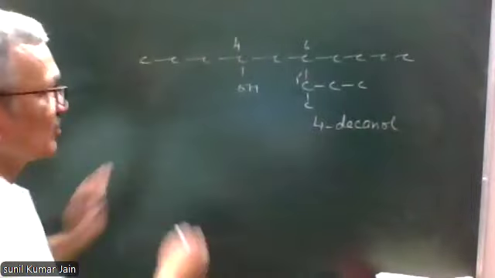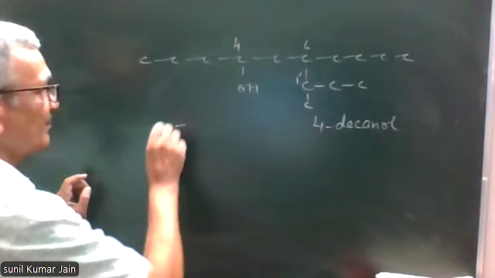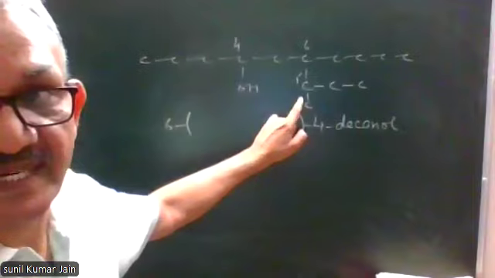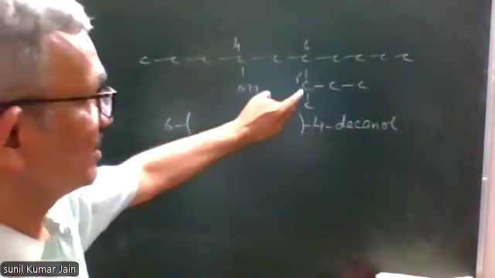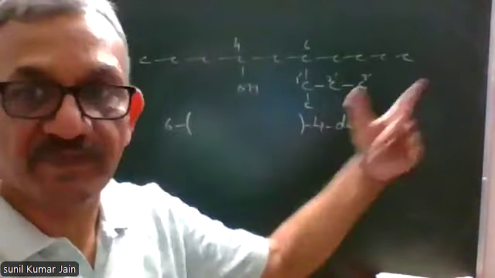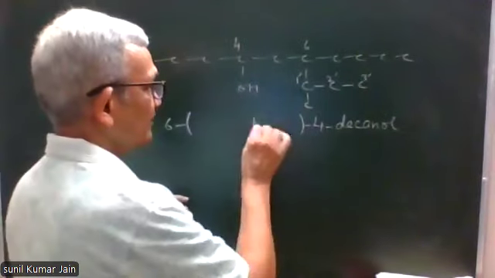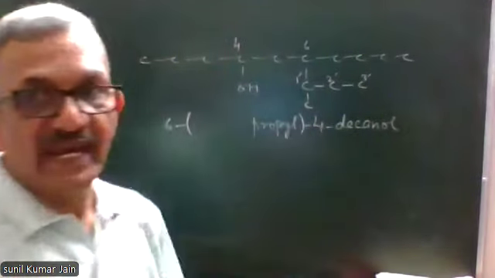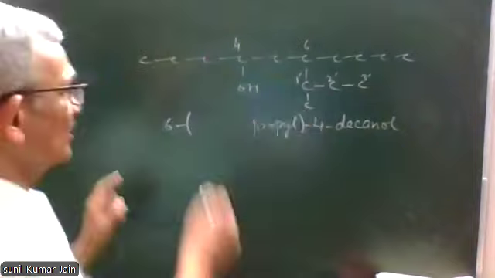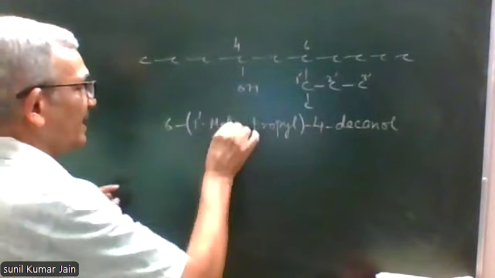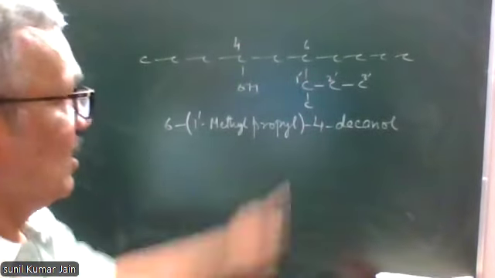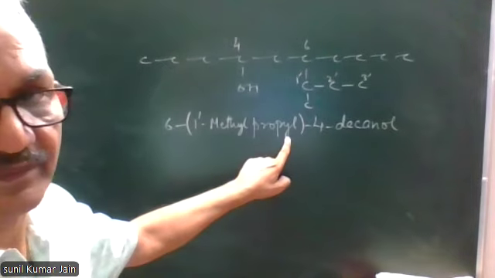So within brackets, at carbon number 6, the longest chain of this branched side chain is 3, because this is carbon number 1 dash, 2 dash, 3 dash. The longest chain of the branched side chain is 3, that is propyl. At carbon number 1 dash of propyl, a methyl group is attached. I'll write 1-methylpropyl. So the name of this branched side chain is 1-methylpropyl.